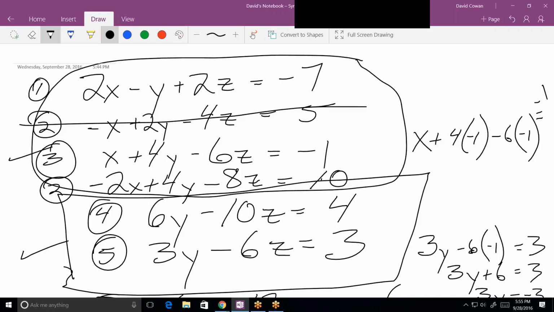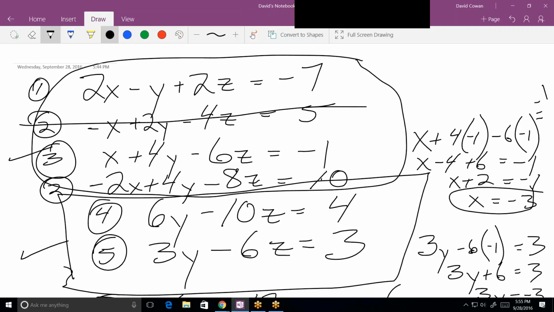So now what does that give me? x minus 4 plus 6 equals minus 1. That's x plus 2 equals minus 1. x equals minus 3. There's your three solutions. y is equal to minus 1, z is equal to minus 1, and x is equal to minus 3.